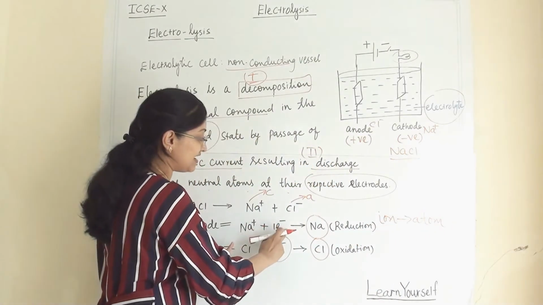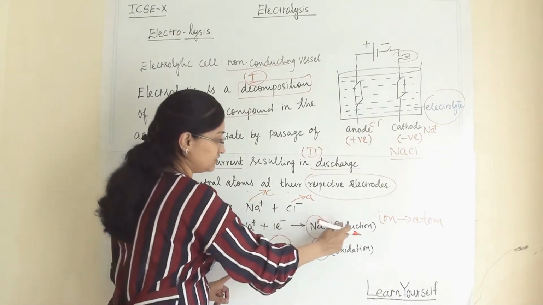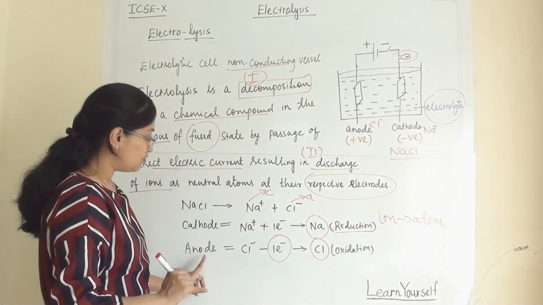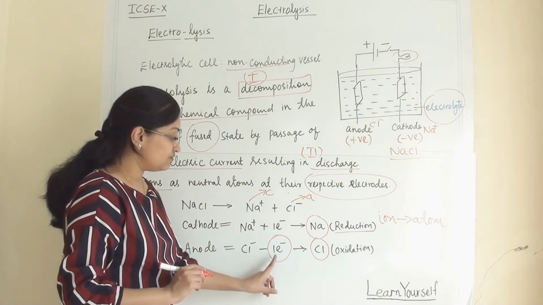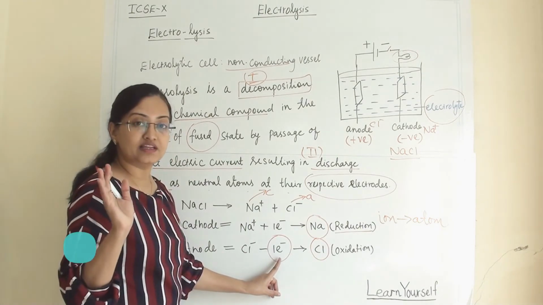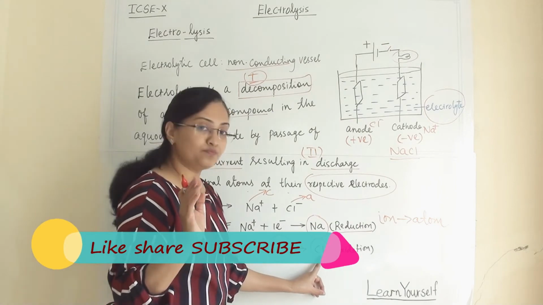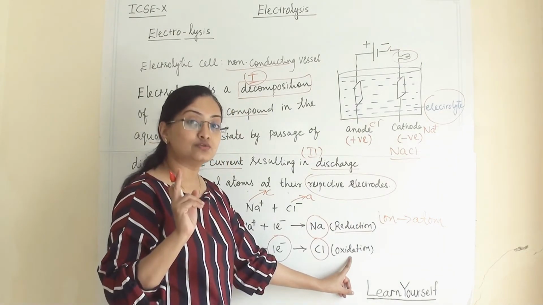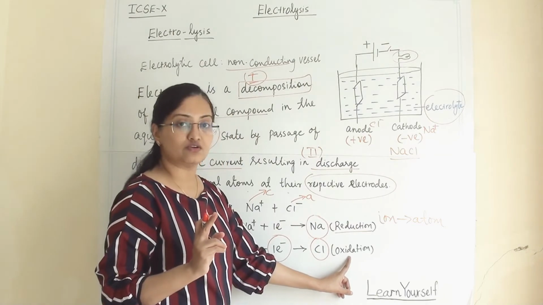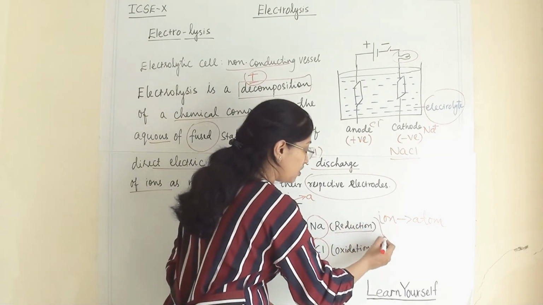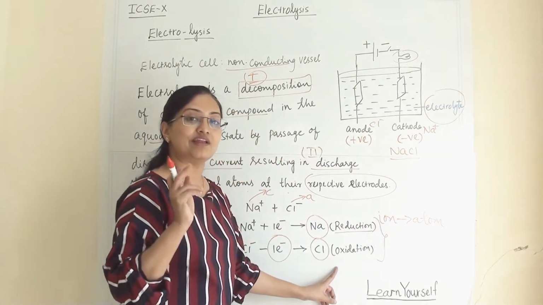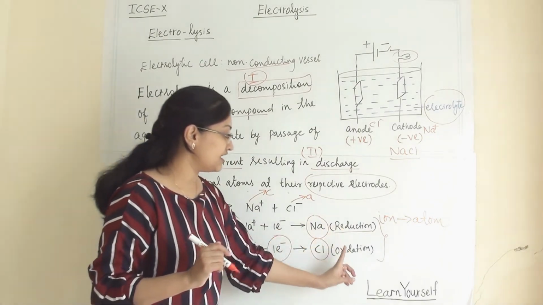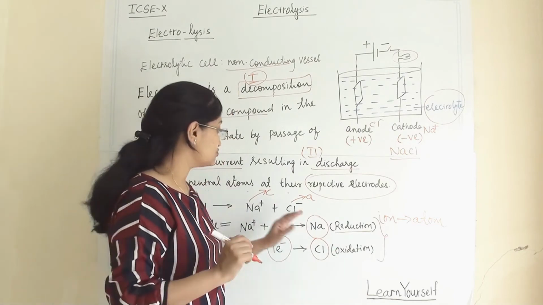When they accept electrons, that process is known as reduction. Now at the anode, what will happen? Chloride will again release one electron and become a chlorine atom, and because it is losing an electron, it is known as oxidation. All the cell reactions are redox reactions, because at the anode and cathode oxidation and reduction happen.